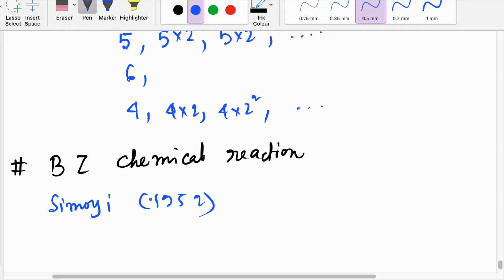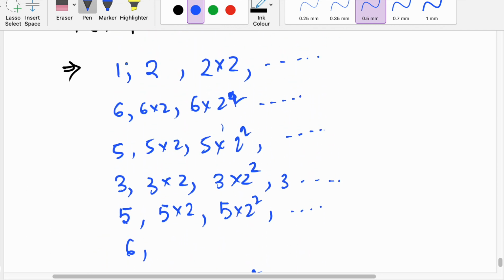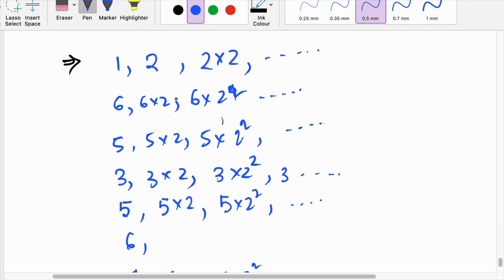In that chemical reaction, with the resolution of the experimental observation, they observed the periodic states occurred in the exact order that we are writing here: first 1, then 2 and 4, then it will be chaotic.